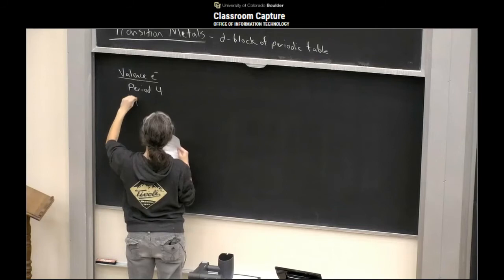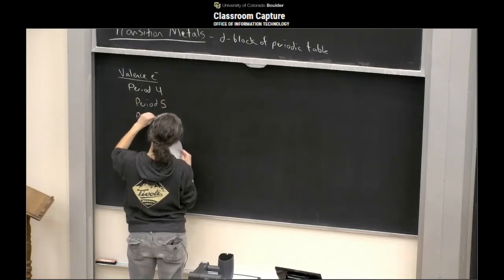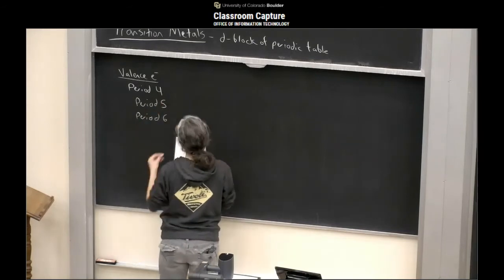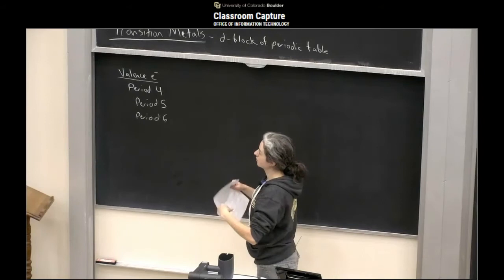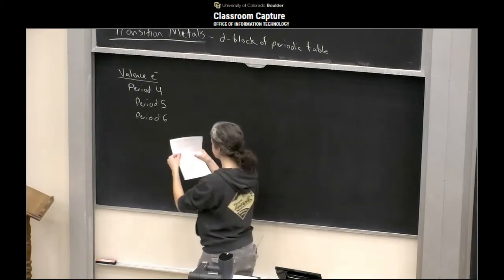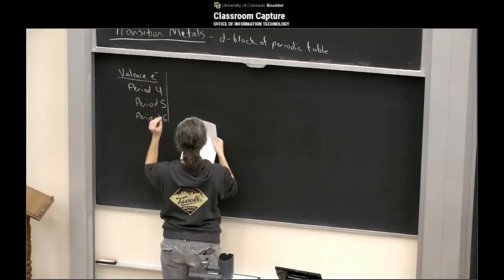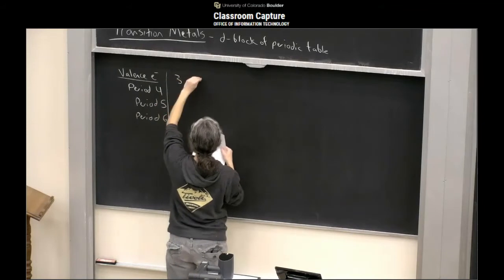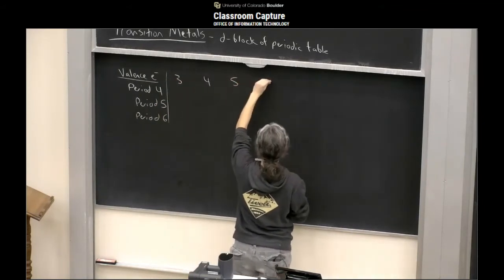Okay, so we know that in the periodic table, the first two columns are the S blocks. Those are providing the first two valence electrons for these metals. And so the D block starts at 3 valence electrons and we go across from there.